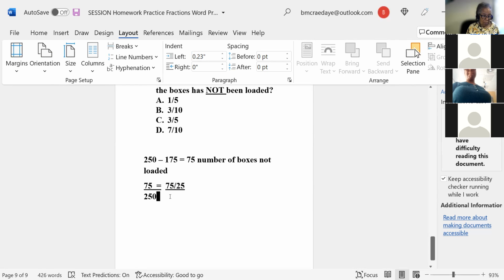What's 75 divided by 25? 75 divided by 25 will give you 3.